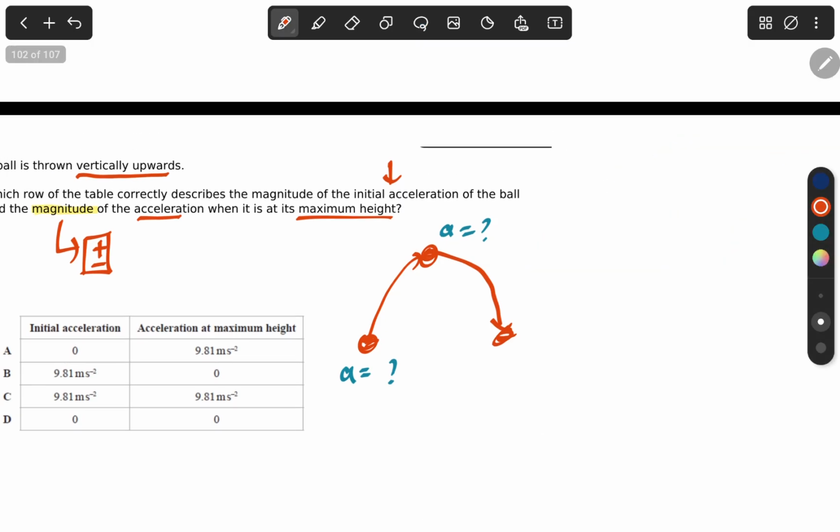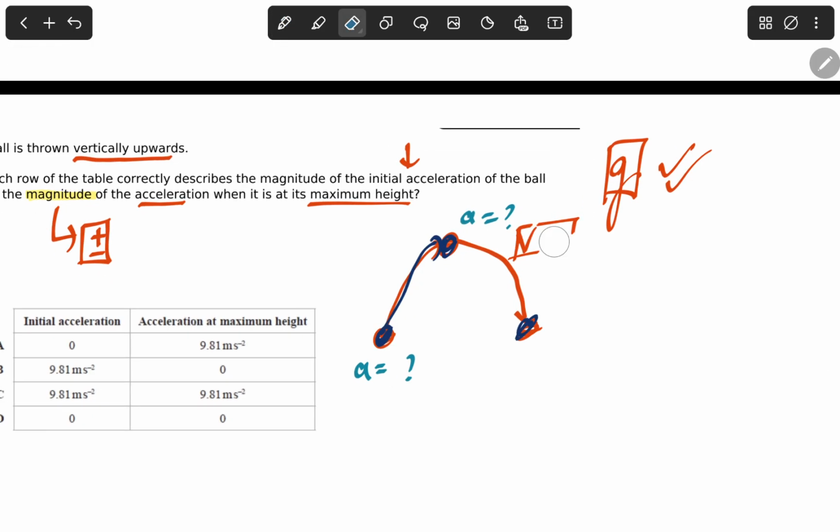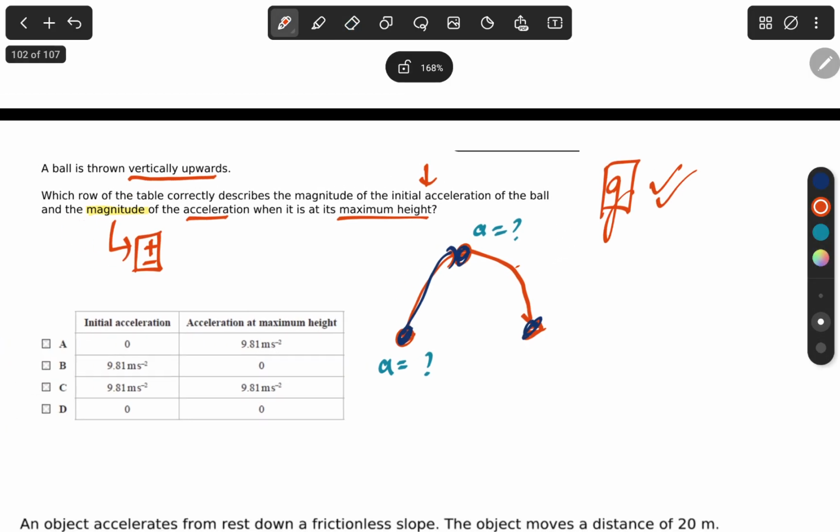Now this question is made for you that if you throw the ball up, at this point also you have weight acting, this point also weight acting, at this point also weight acting. The g is always acting. The gravitational field strength is always acting no matter what moment. The v becomes 0, I agree with that, but a is always the same, right?